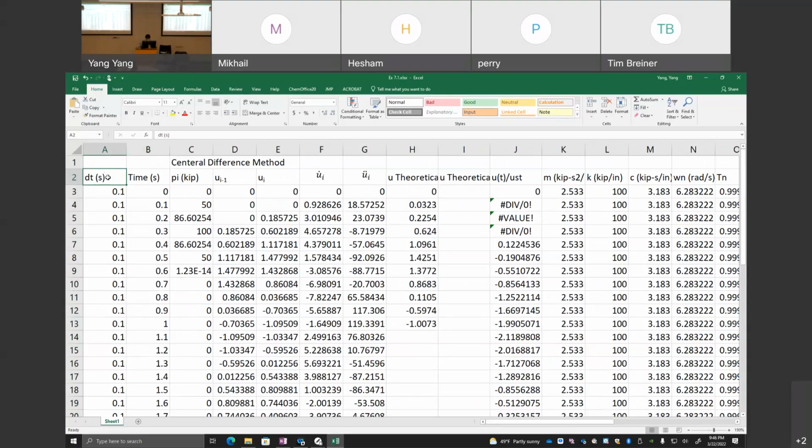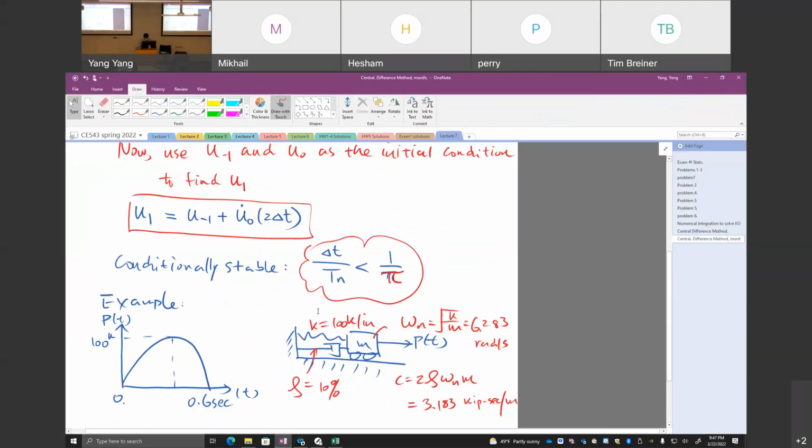Firstly, we need to define a delta t. The largest delta t we can use, remember, when the system is stable, we have to make sure delta t is smaller than Tn over pi.